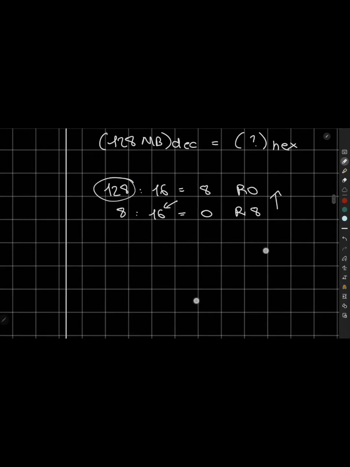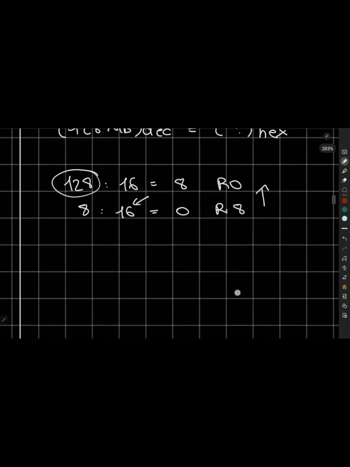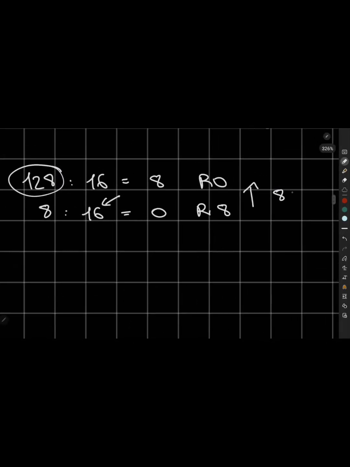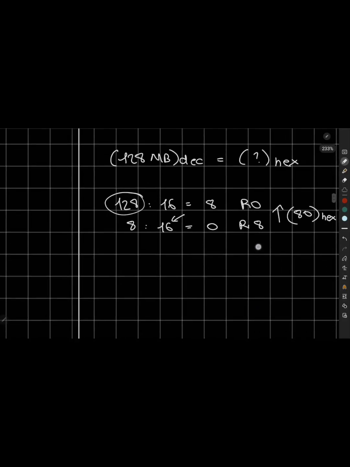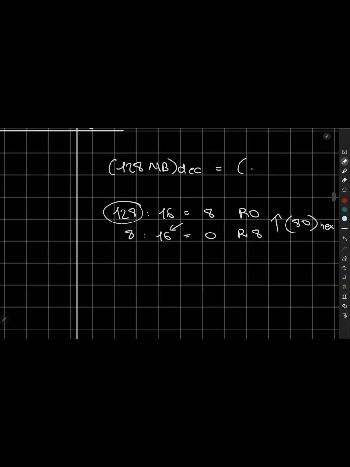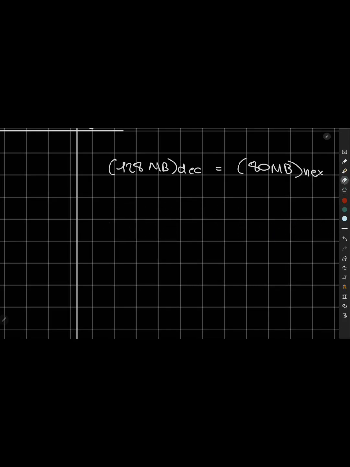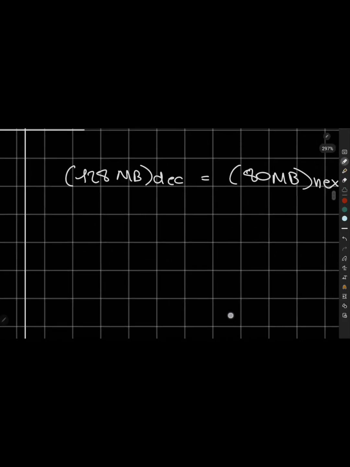So 128 in decimal is going to be 80 in hex. So here I have 80 megabytes in hexadecimal. What does this mean? This means that I have 80 followed by 5 zeros because of the megabytes.